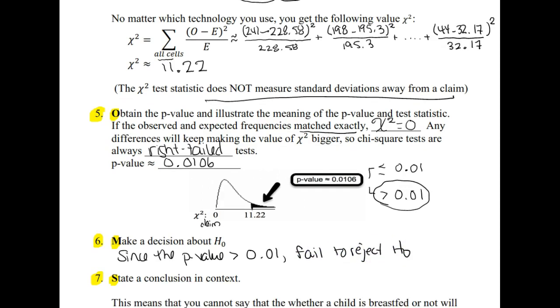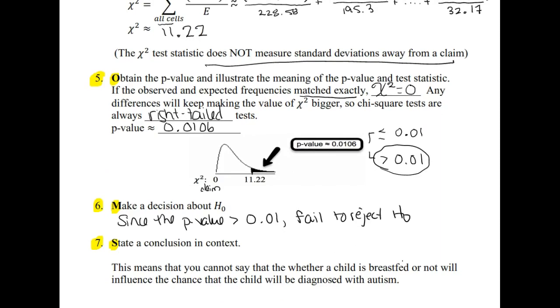All right, so just as in the last sections, if we fail to reject, that means this is going to start out: there is not significant evidence to conclude.